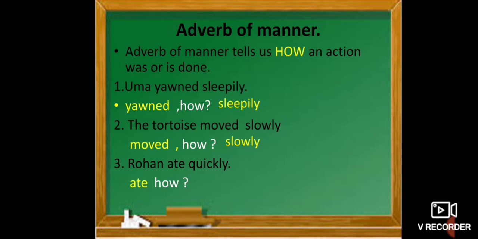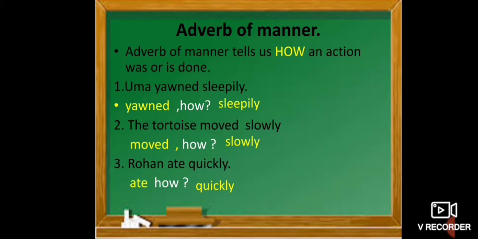Read the next sentence. Rohan ate quickly. Now, which is the verb? Ate. Ate how? How Rohan ate? He ate quickly. So, this tells you the adverb of manner. How?